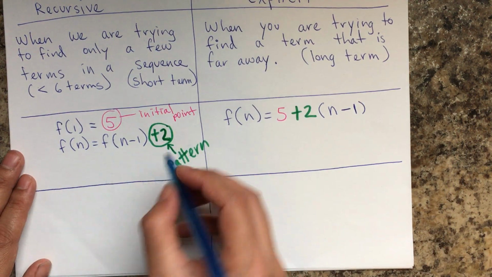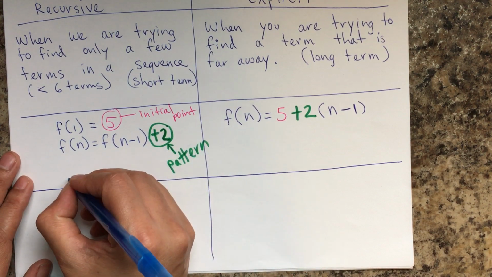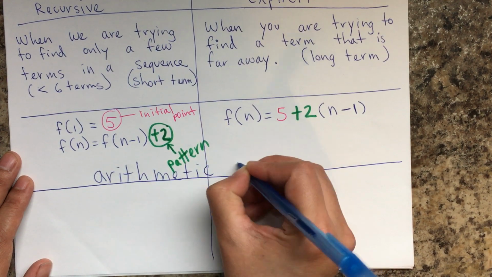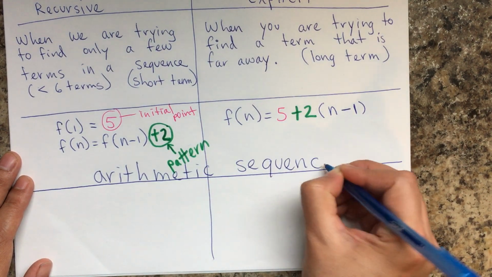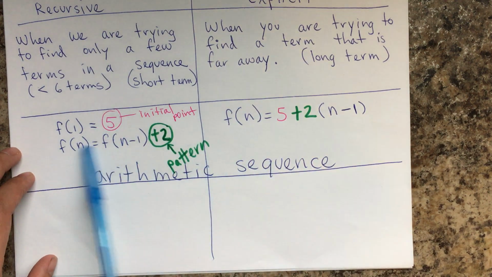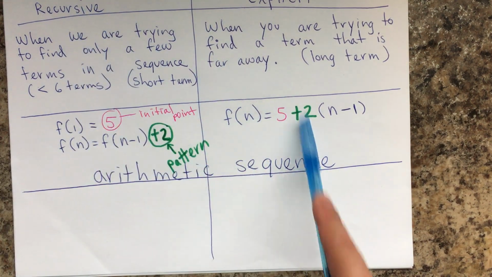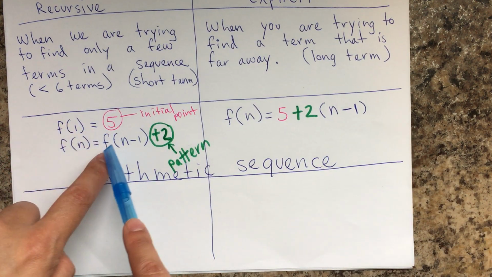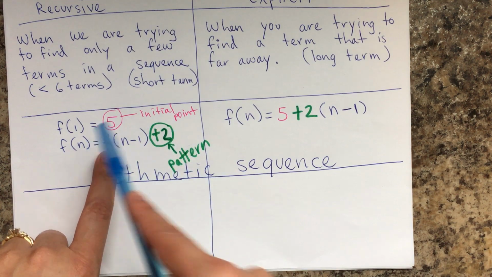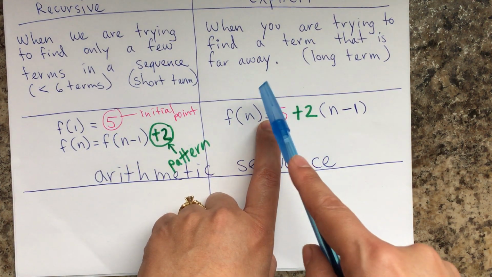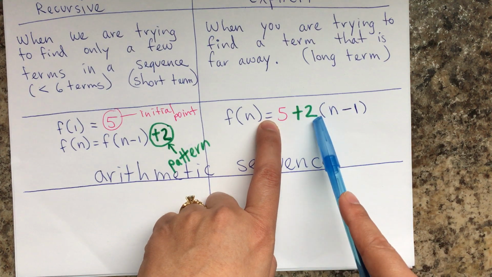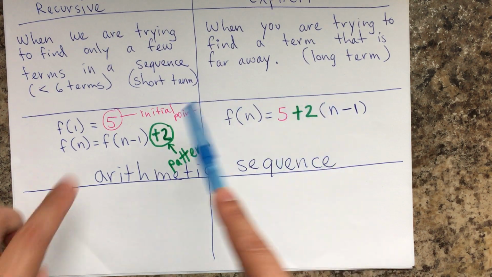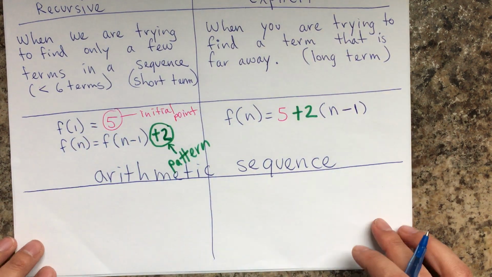When the pattern is adding or subtracting, it's called arithmetic sequence. Okay, so both of these are arithmetic, but one is recursive, one is explicit. The recursive has always f of 1 and f after the equal sign. The explicit doesn't have f of 1 and it doesn't have f. Okay, and this one is to find a specific term directly. This one you have to find the previous one.